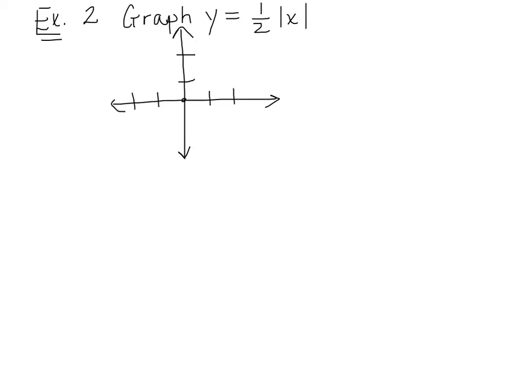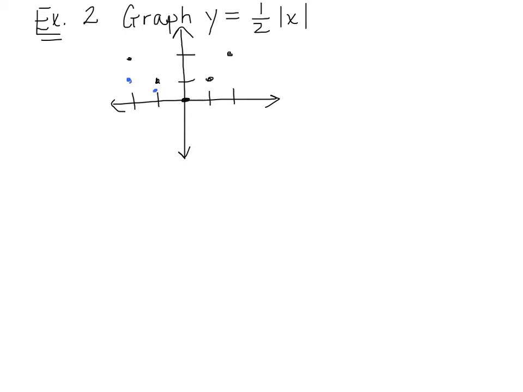So I'm going to start off with my parent or my model graph. And what I'm going to do is take each y-coordinate and compress it by 1/2. This y-coordinate was at 2. 1/2 of 2 is 1. This one's at 1. 1/2 of 1 is 1/2.